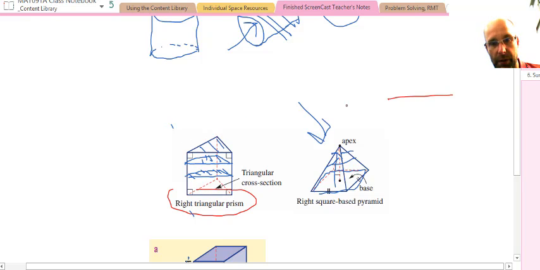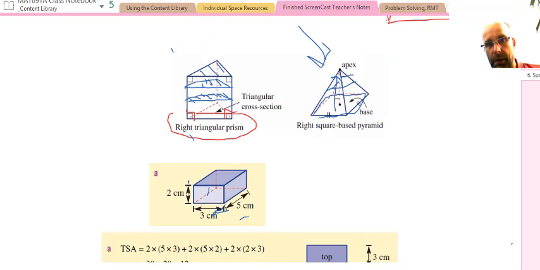But if it was offset a little bit, like over here, we still have flat top and bottom, but you can see that these sides here are not at right angles, whereas here you can see the right angle there. So that means it's a right prism. We're going to be focusing on right prisms only.